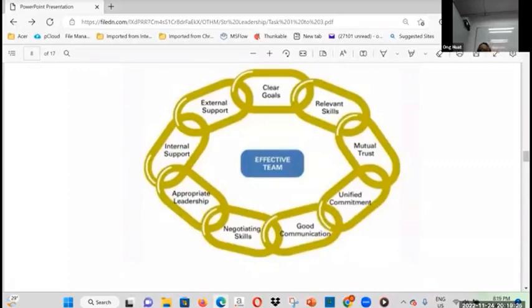But a work group, like an interest group about animal care or about video editing, that is also a work group, right? They go for certain interests, certain hobbies, so they are not so formalized.